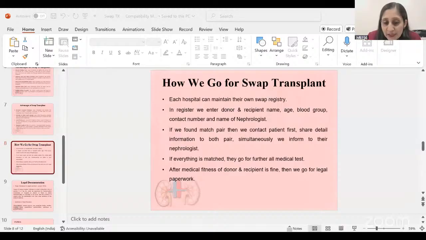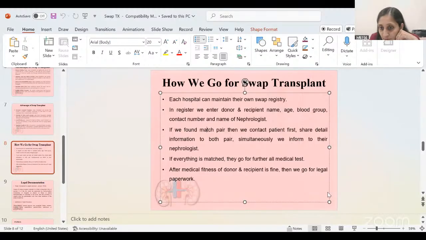The PPT is visible? Yes. You want to put it in slide mode? And go to slide 1. Yeah.